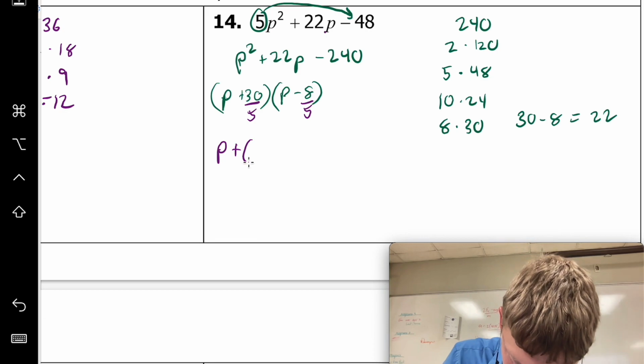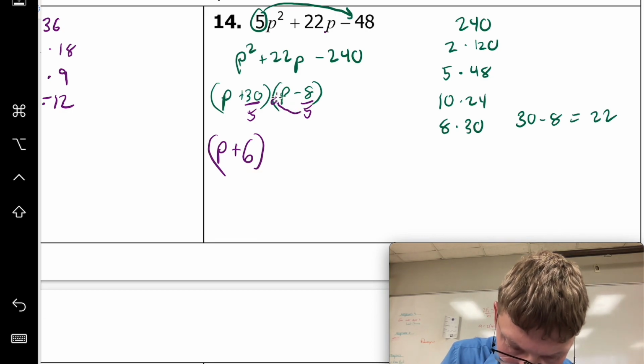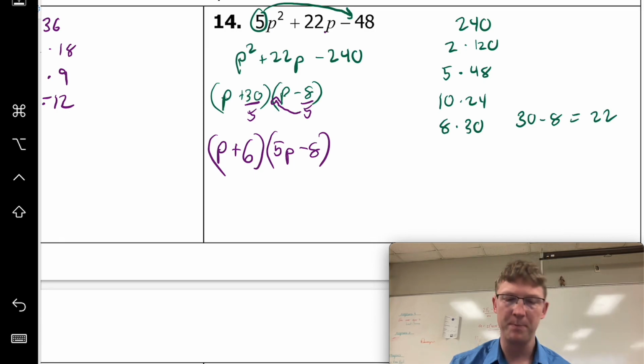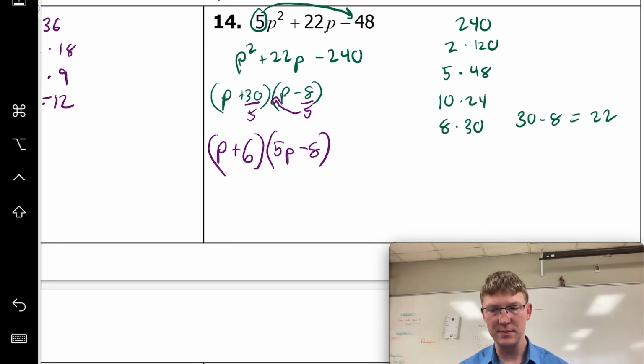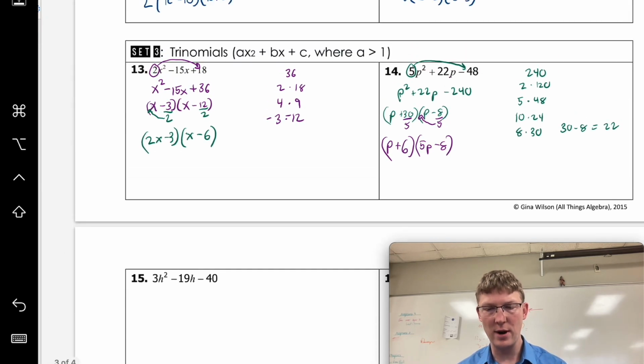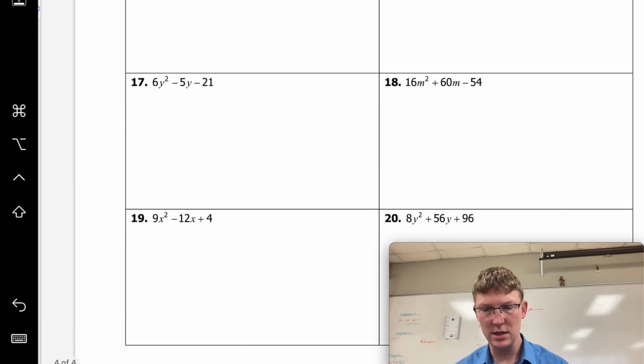I knew that. And then this 5 won't reduce, so we're going to put it in front of the p. 5p minus 8. So there you go. Try the rest of these yourself. We're going to include that in the practice problems that we do in class, and we'll see how it goes.